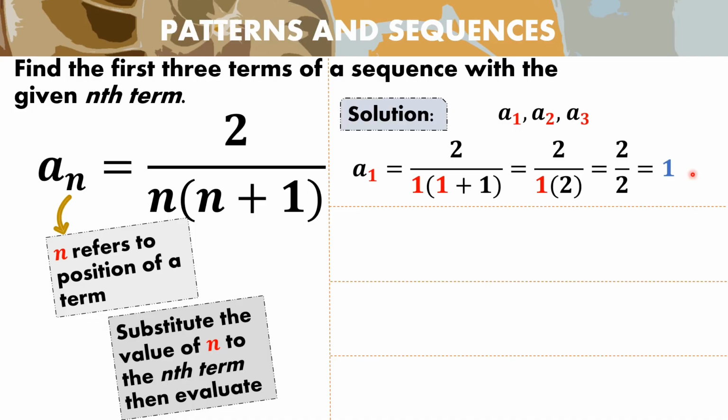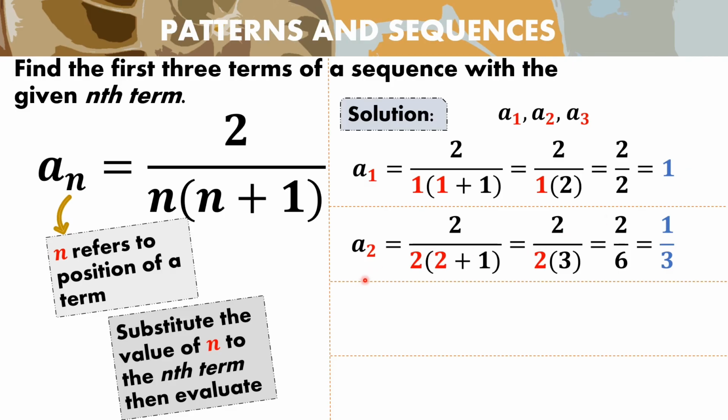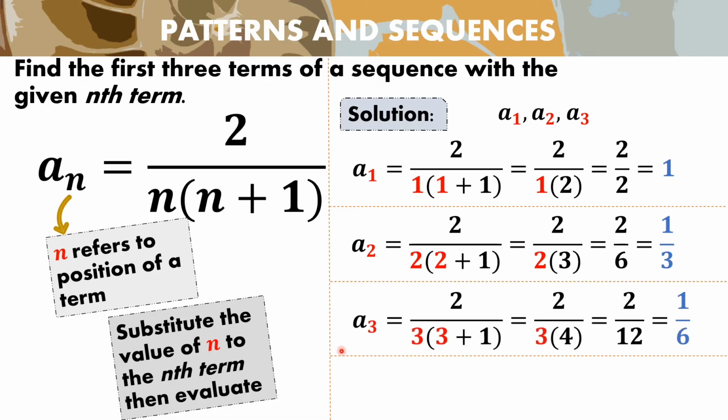Second term, or a sub 2. 2 is the value of n. We have 2 all over 2 quantity 2 plus 1 equals 2 all over 2 times 3 equals 2 over 6. Simplify, equals 1/3. And the third term, or a sub 3, 3 is the value of n.